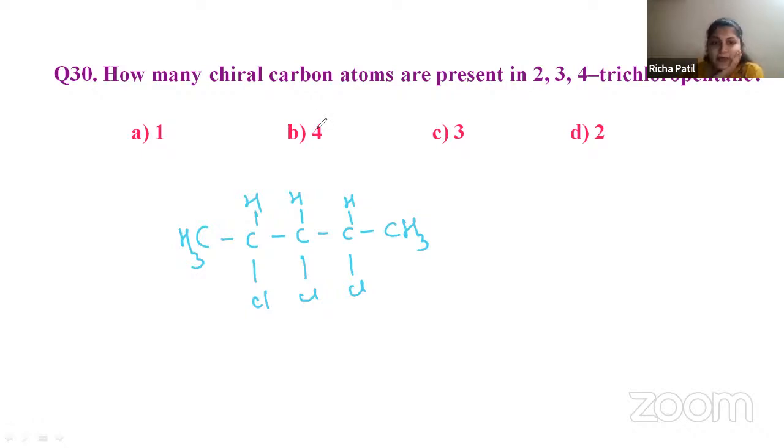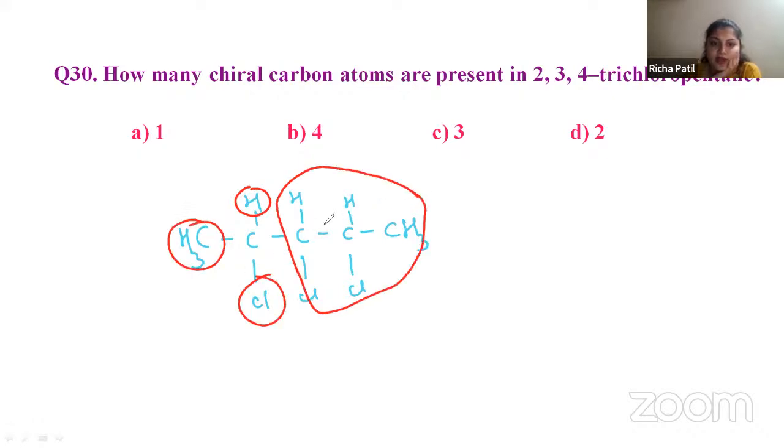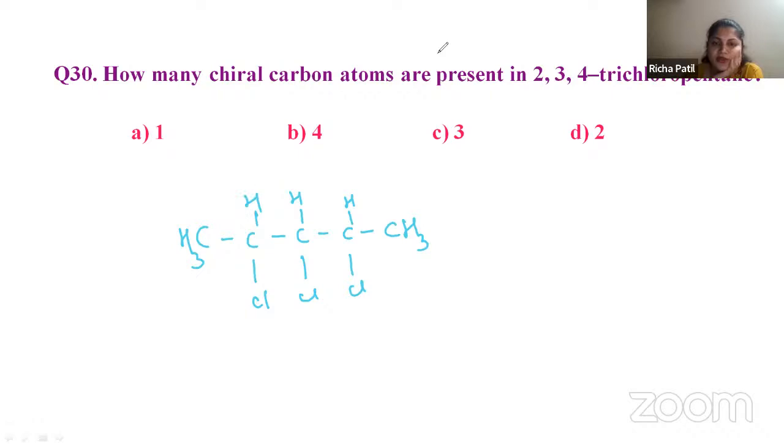I'll explain. See here. Around this carbon atom, 1, 2, 3, and the next one, the fourth atom. So this is 1 chiral. Now I'll just erase this. Understood? Now the second one: 1, 2.